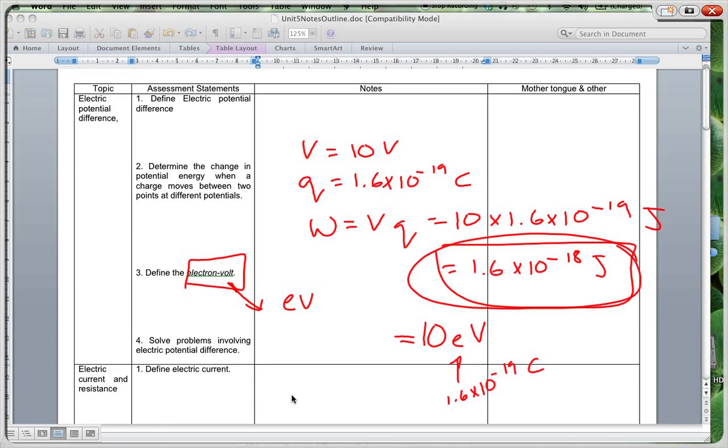So 1 eV is equal to 1.6 times 10 to the negative 19 joules. That's your conversion between the two. It's the energy that an electron will gain when you move it through a potential difference of 1 volt.